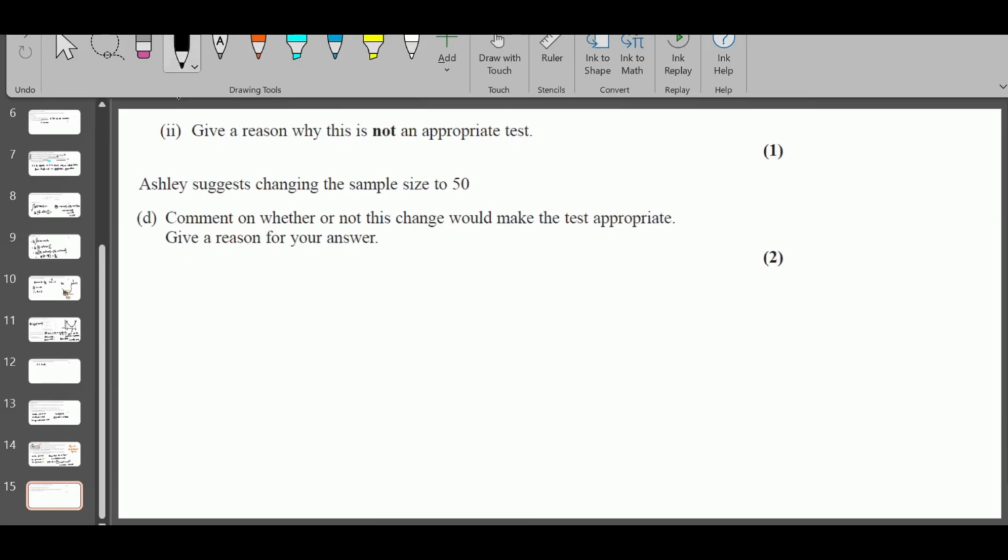Next part, give a reason why this is not an appropriate test. Okay, you see, the manufacturer says there are less than 0.05 defective items, right? And when you calculated the probability of the items with 0 defective, you rejected this claim as per the hypothesis testing.